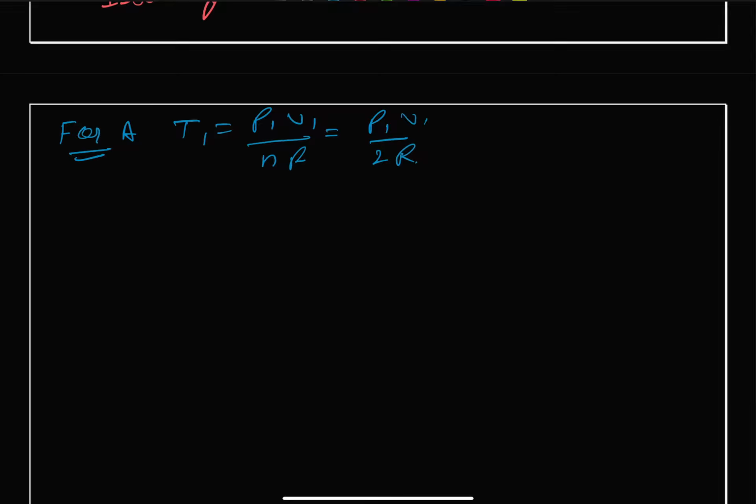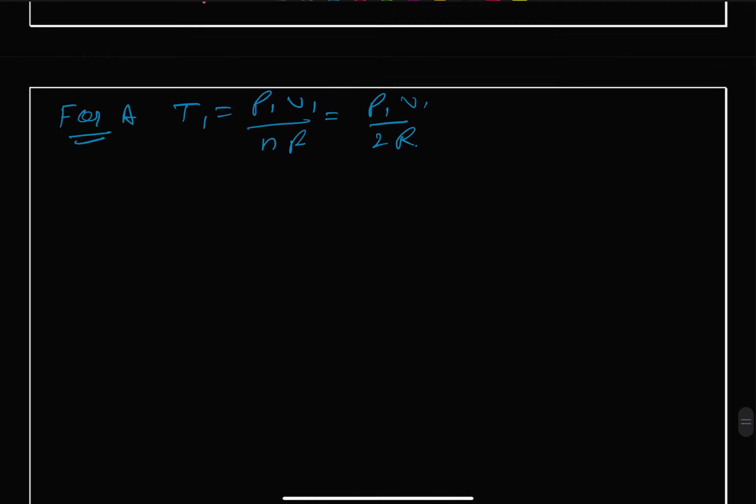And we can write for B. For that we are going to use our adiabatic relationship. For an adiabatic process, we know that P1 V1 raised to the power gamma is equal to P2 V2 raised to the power gamma.